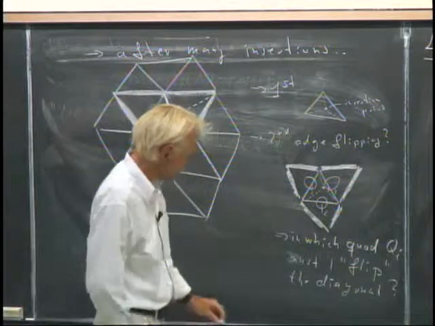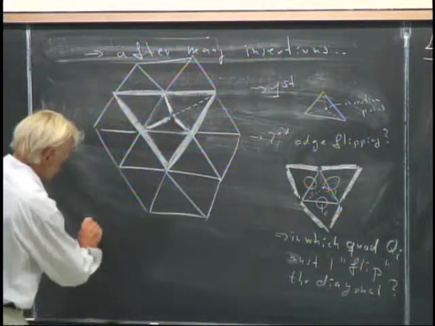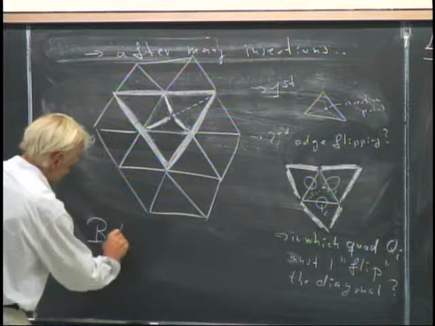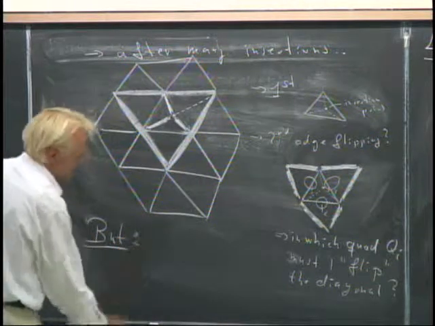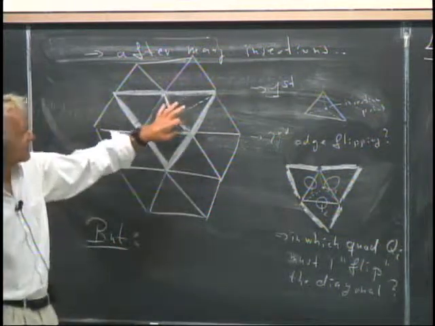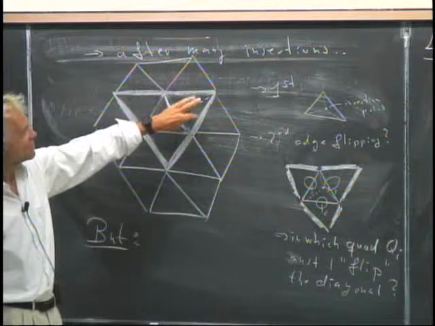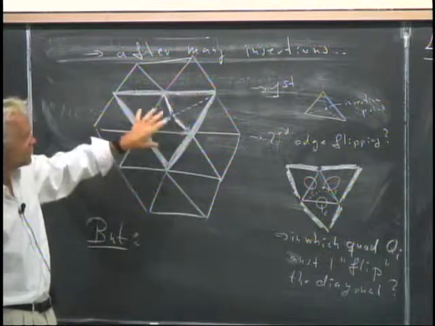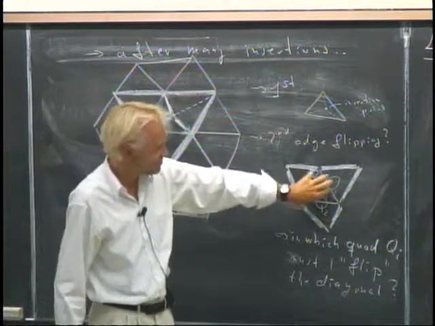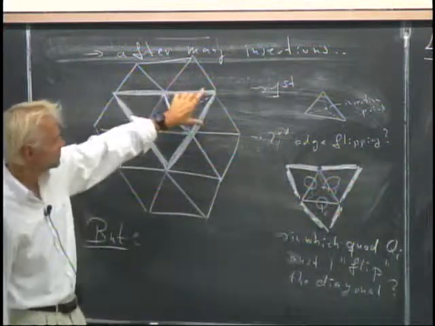Okay. But there's something ugly to this, and then I will stop. When I do these flips in these quadrilaterals in this local region, then what will happen?